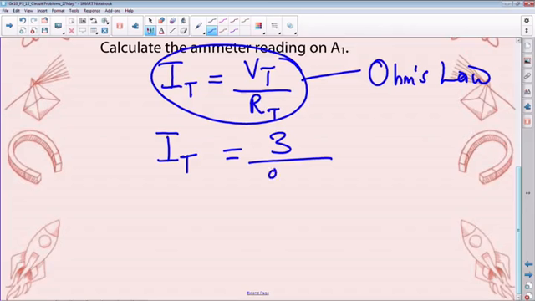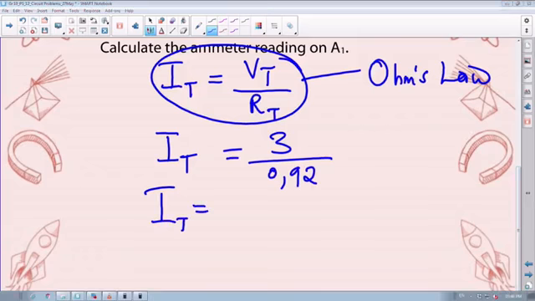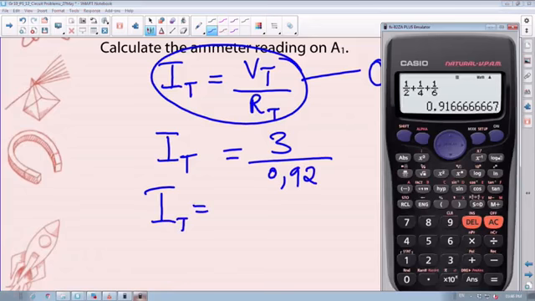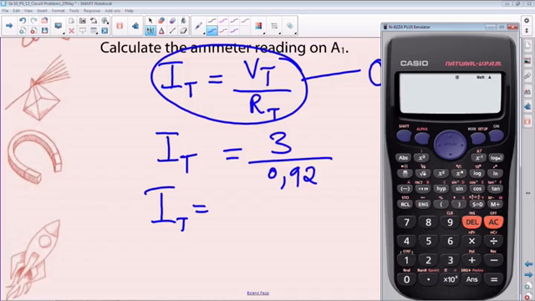So if we go to our calculator, I total will give us, right? Very important to always round off at the last part of the calculations. So in this case, it's going to be 3 divided by, we can say 12 divided by 11.